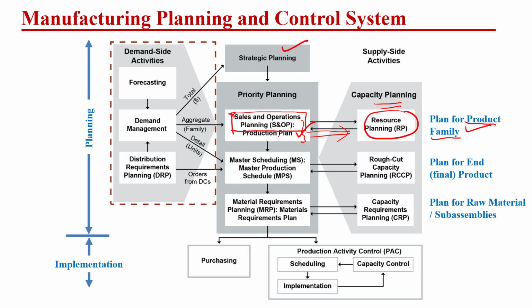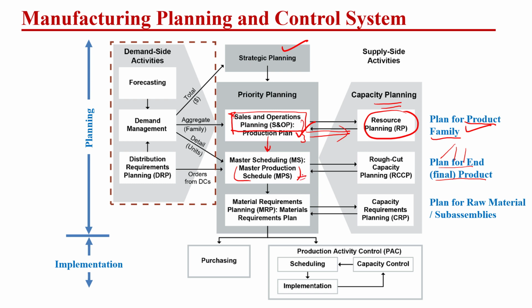So once we have developed the aggregate production plan, the next step is to develop the master production schedule, which is basically developing the production plan for every end item or final product. As I have given the example, we have to develop the master production schedule for product A, product B, product C, which belong to that particular product family.